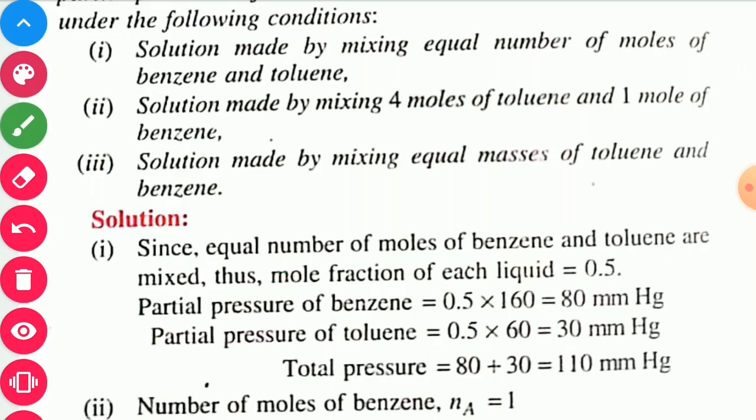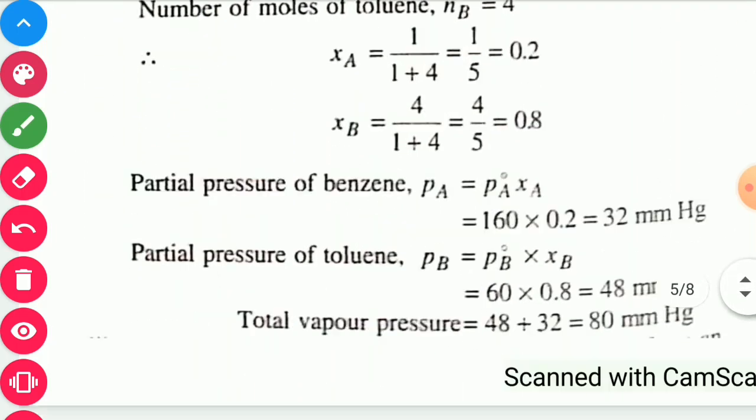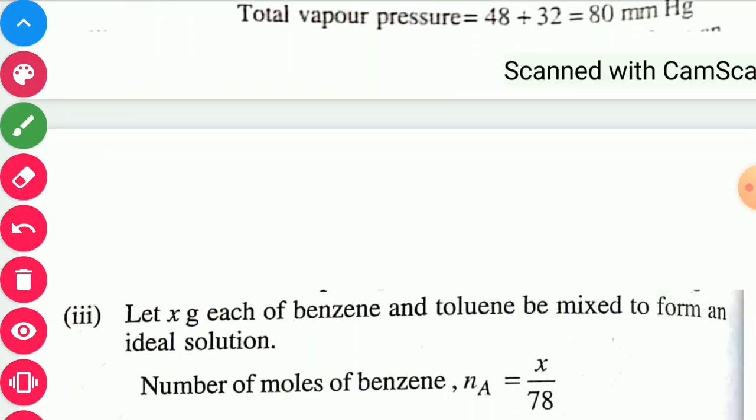So let x gram of each component, that is x gram of benzene and toluene, be mixed to form an ideal solution.